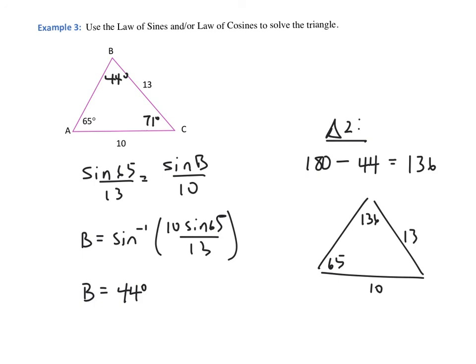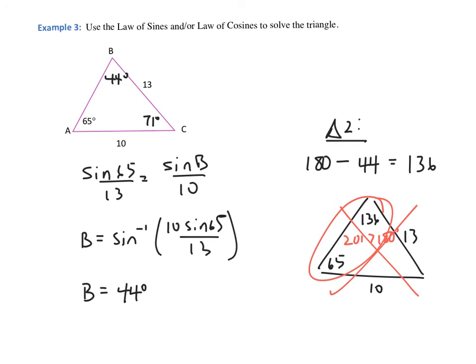What's angle C? Negative, it's not possible. Why? Because 65 plus 136 is 201, which is greater than 180 degrees, so there is no second triangle. That's how you know.